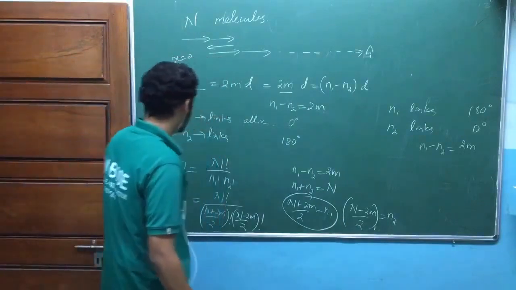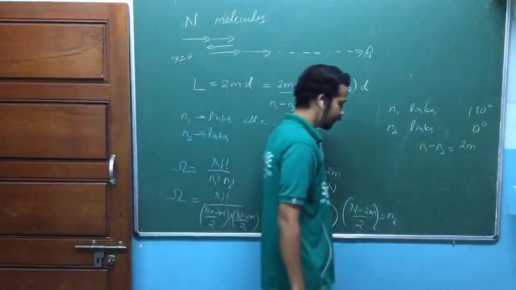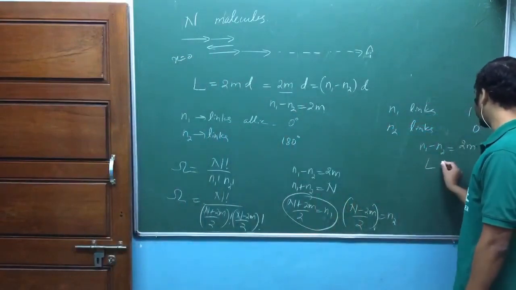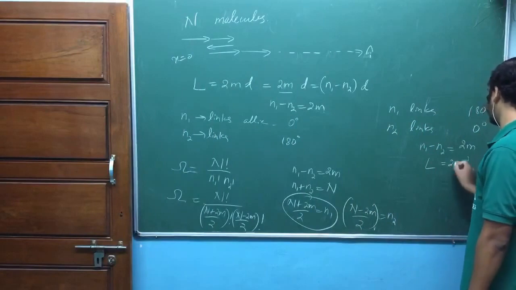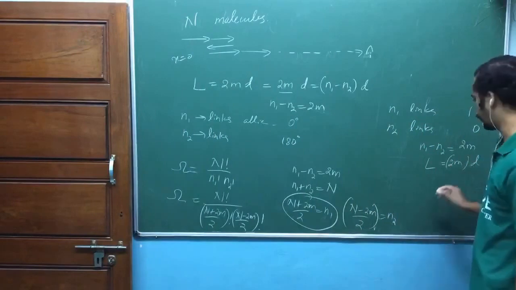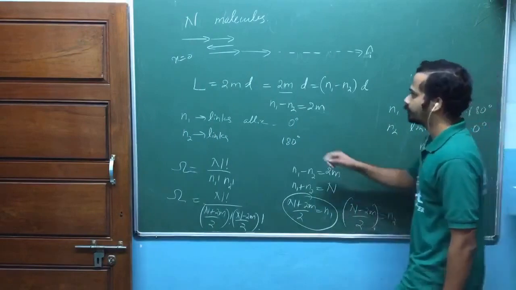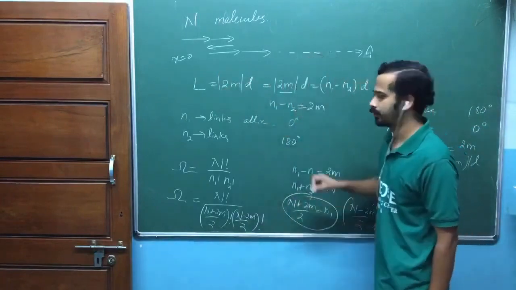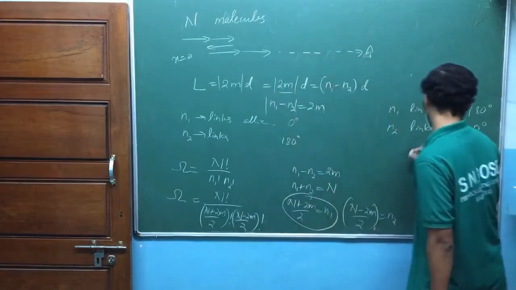So that's why. So again, n1 links can align with 180 degree and n2 links can align 0 degree, so that again same L is equal to 2m into d. The same length can happen. I better put mod here. Mod here, isn't it?